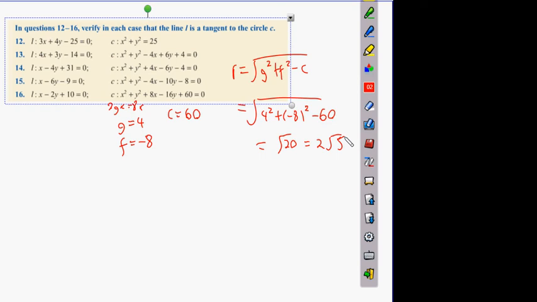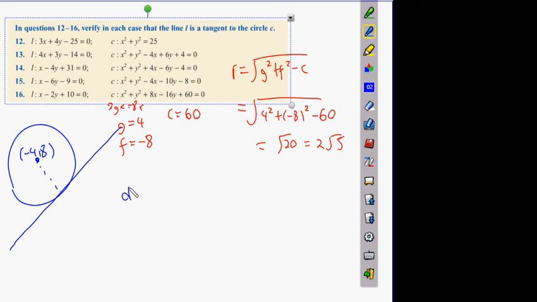Okay, and what's going to happen here, guys, is that, do you remember the centre of the circle? The centre of the circle is minus g, minus f, which is minus 4 and 8. Do we have a formula that can tell us the distance of the line to a point?